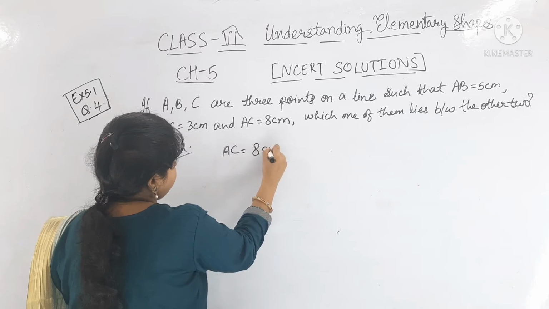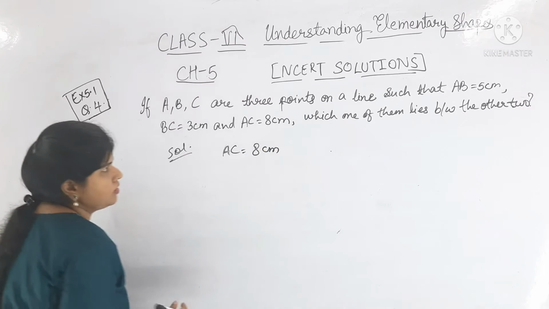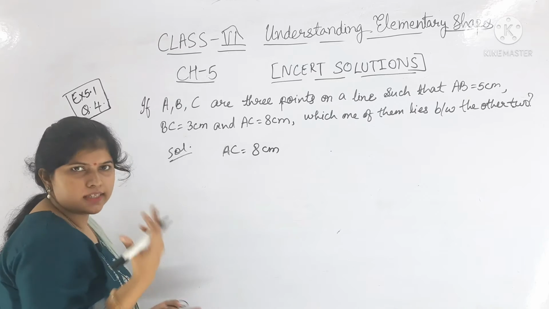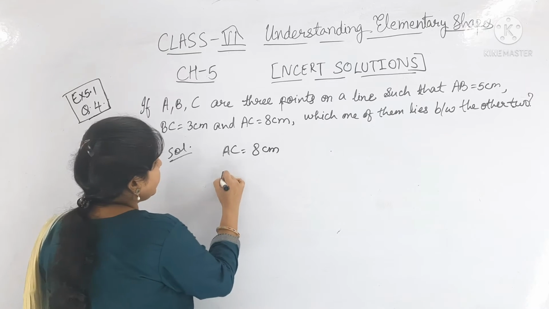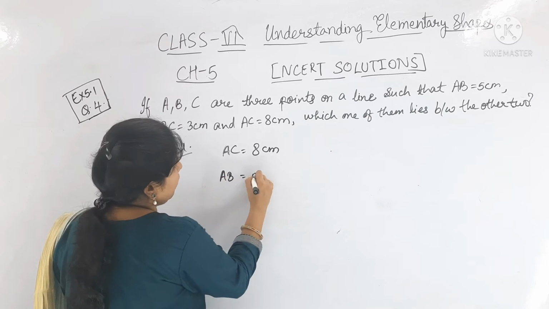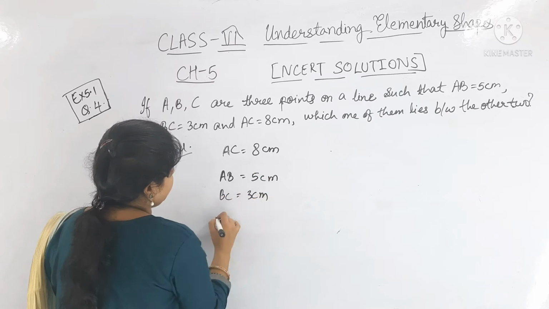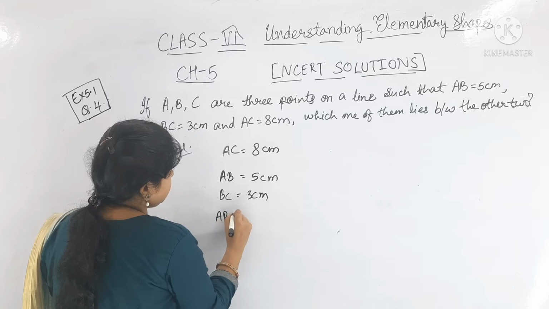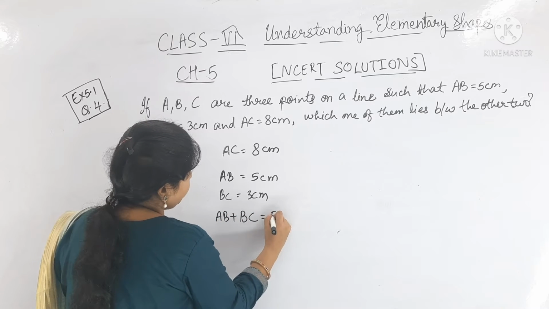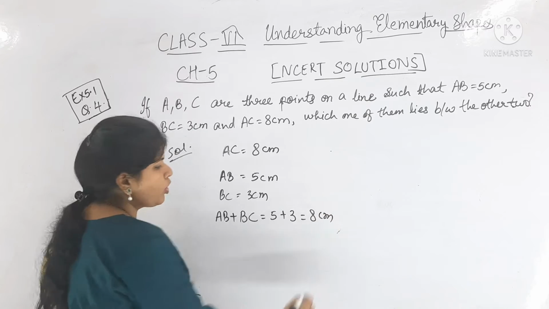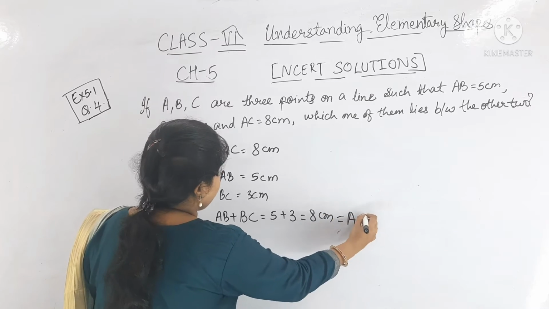We know that the sum of the two lines is equal to the other line. AB equal to 5 centimeter is given, BC equal to 3 centimeter is given. So AB plus BC is equal to 5 plus 3, that is 8 centimeter, that is equal to AC.